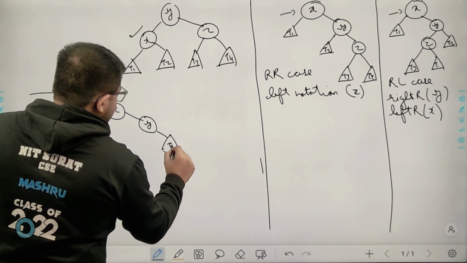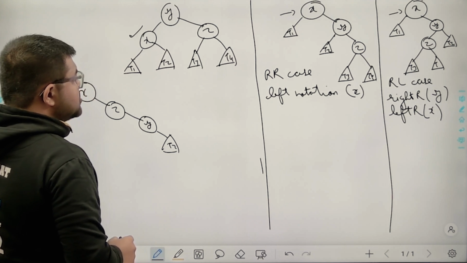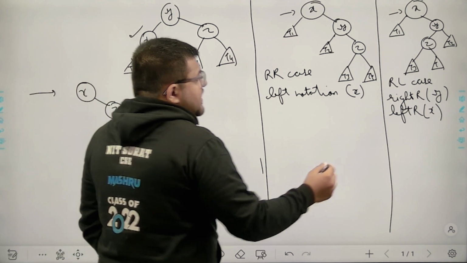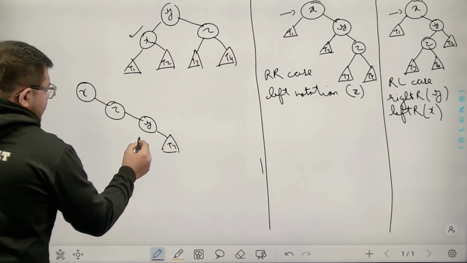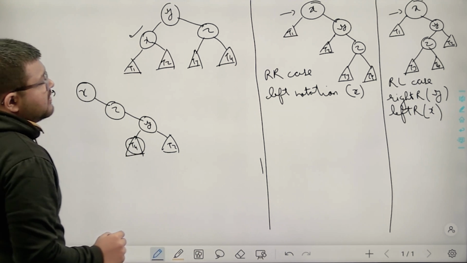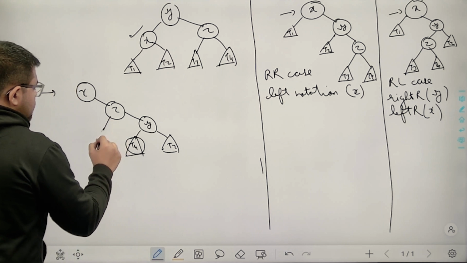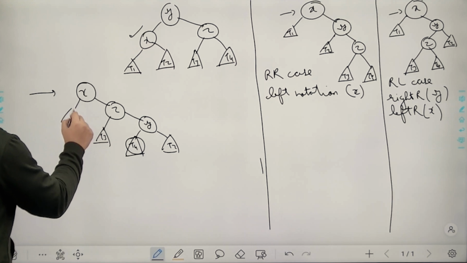T2 will come here. Then what is the right child of Z? It is T4, right? Right child of Z will be the left child of Y. So this will become T4. Then T3 will remain here only, and T1 will remain here only.